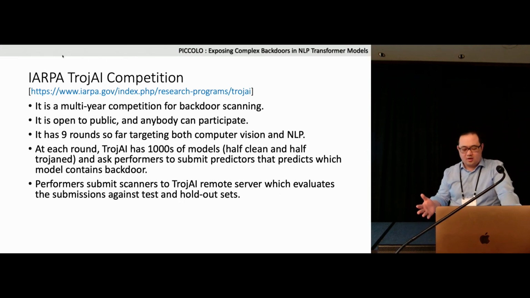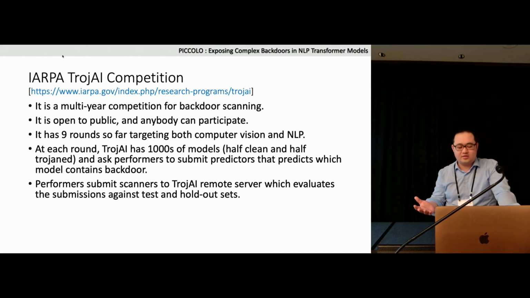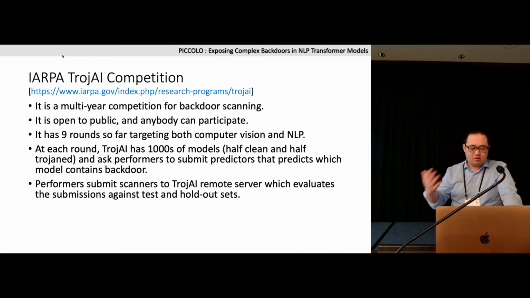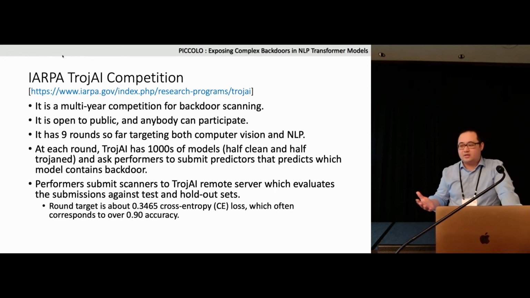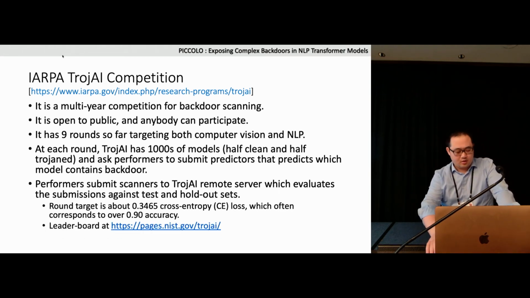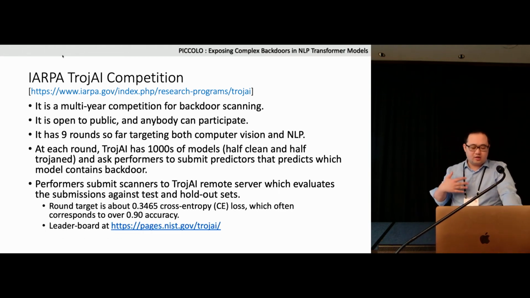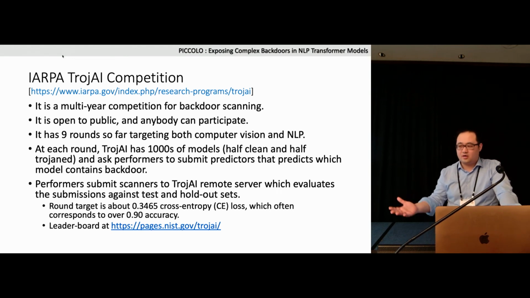holdout sets. We cannot access the test and holdout sets, and they allow a more robust evaluation. The round target is around 0.34 cross entropy loss, which often corresponds to around 90% accuracy. The current TrojAI leaderboard can be accessed at this website.